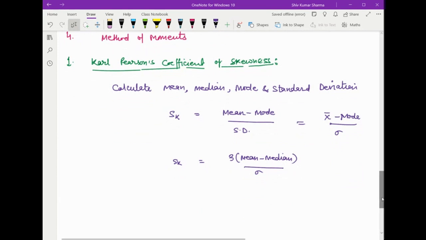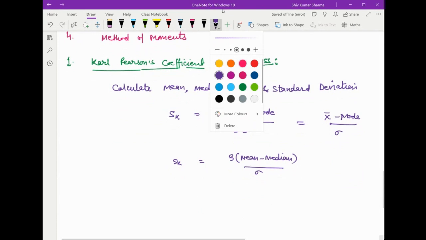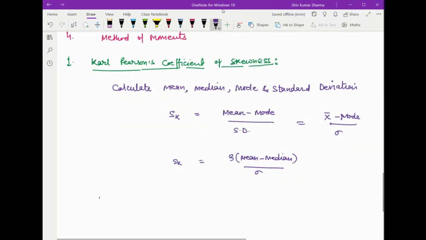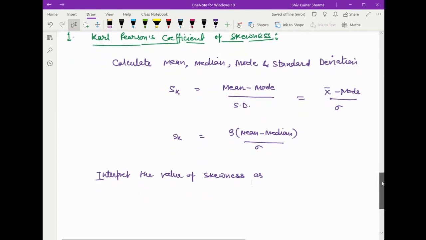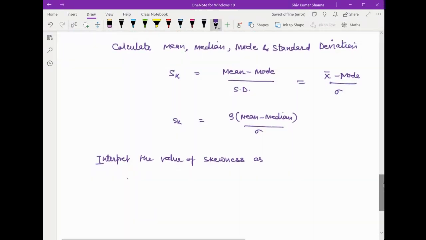On the basis of these two, how to interpret the value of skewness. Absolute skewness interpretation.